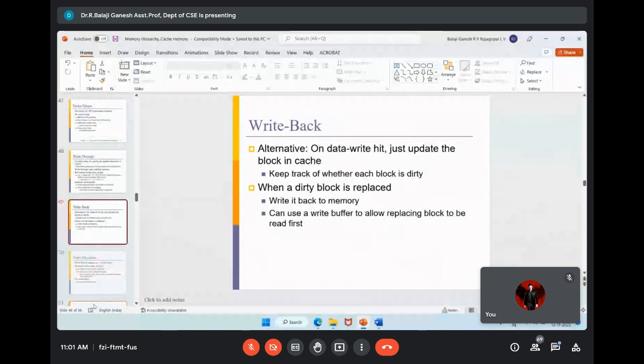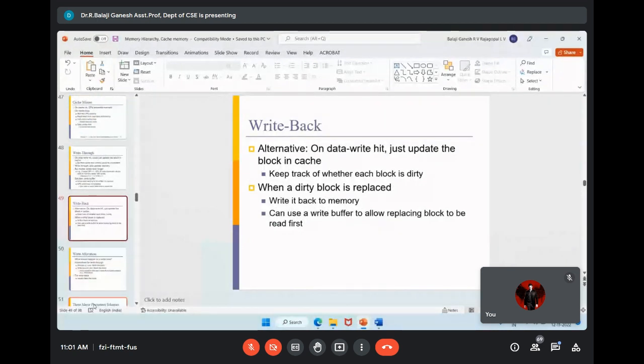And then write back. This is one more strategy for cache updation. When a data write hit happens, we update that particular block in the cache. No need to update the main memory. So we keep track of which cache blocks have been modified by a bit called the dirty bit in the cache.